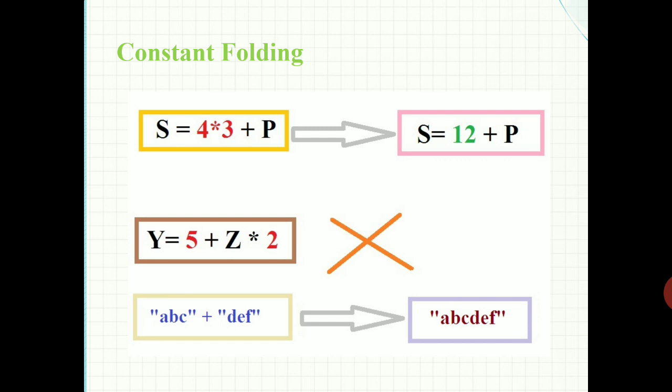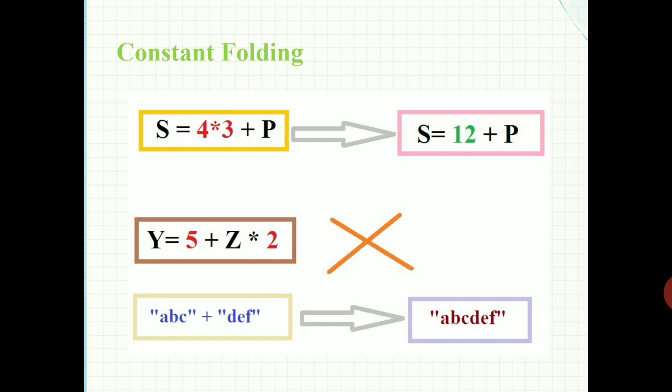For the operator star, one of the operands, z, is a variable, and for plus, also one of the operands is z. If z were a constant value instead, then we could perform the constant folding operation.